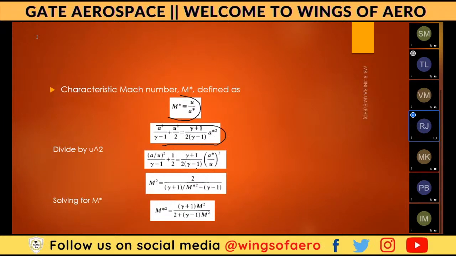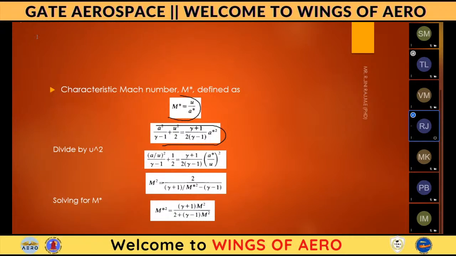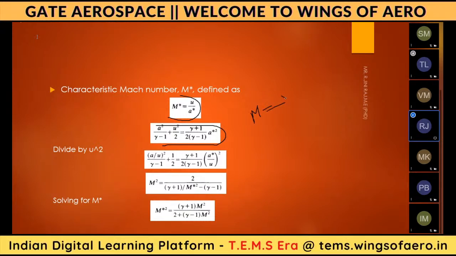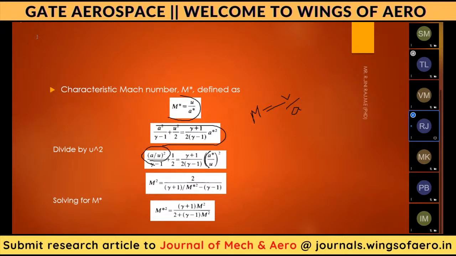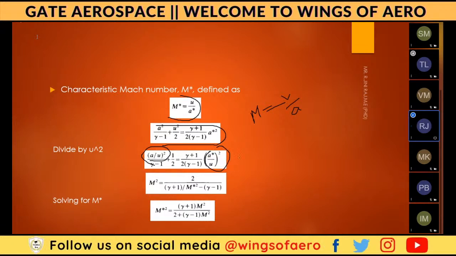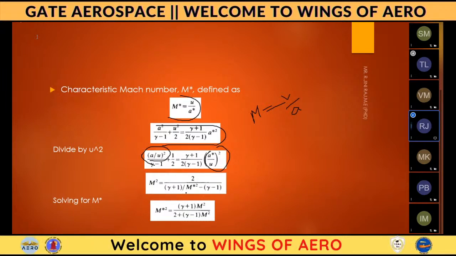Okay, so a by u means m equal to v by a. You know m equal to v by a, so here it will become 1 by m square, and here it will become 1 by m star. So from this, by solving, we can get m square equal to 2 divided by gamma minus 1 divided by m star square minus gamma minus 1.